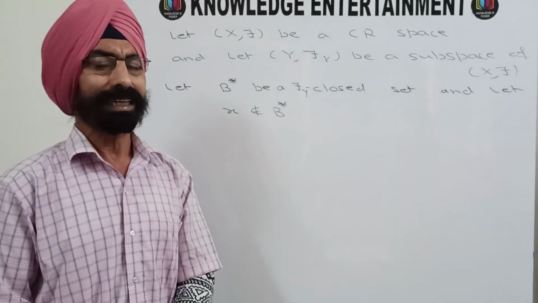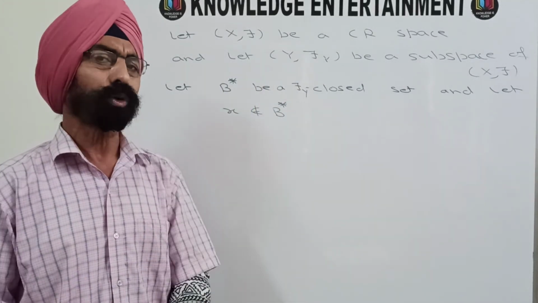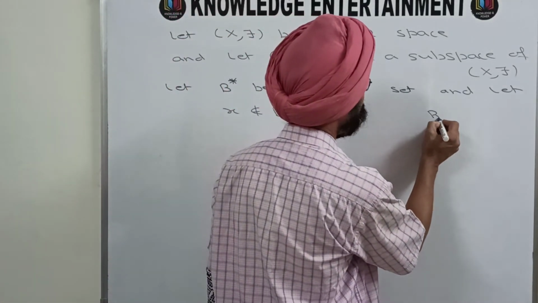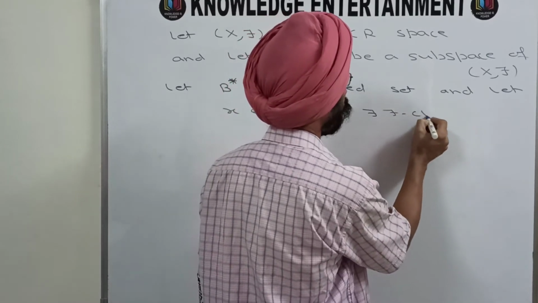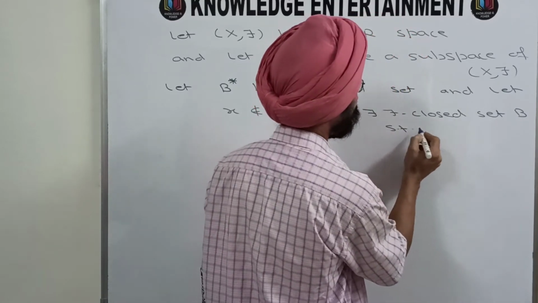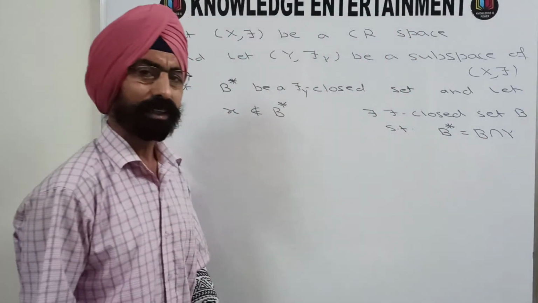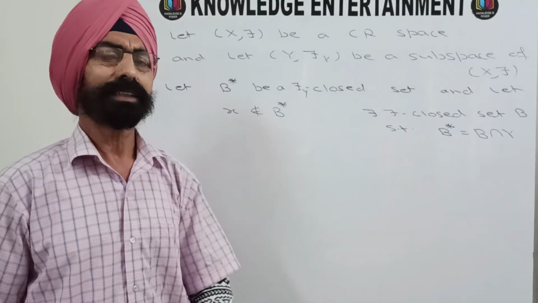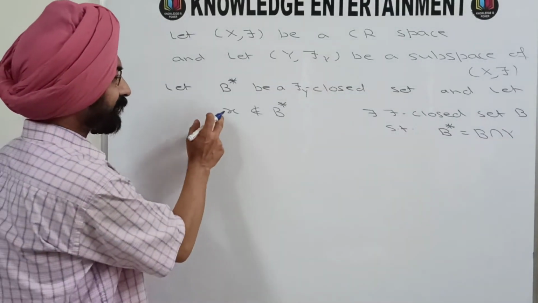Some tau closed set intersected with Y. So B star will also be a set of the type some tau closed set B intersected with Y. So there exists a tau closed set B such that B star is B intersection with Y. This is from the construction of closed and open sets in the subspace. So x does not belong to B star we have taken.